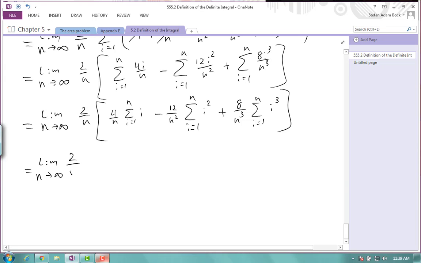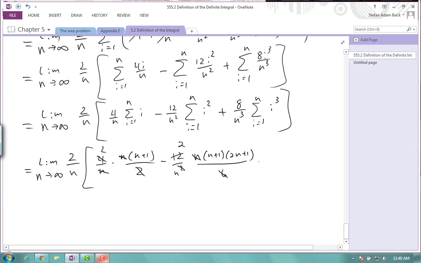So I have 2 over n multiplied by 4 over n times (n plus 1) over 2. That cancels. Minus 12 over n squared times (n plus 1)(2n plus 1) all over 6. And take care of that and that, plus 8 over n cubed times ((n plus 1) over 2) quantity squared.